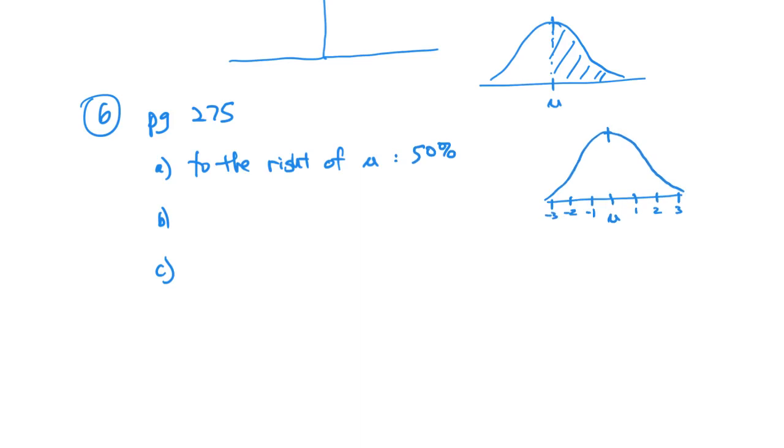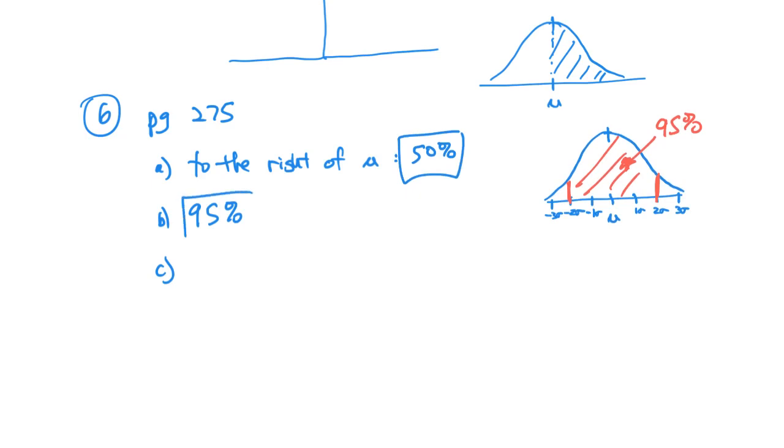So if they say between mu minus 2 sigma and mu plus 2 sigma, they're saying basically between here and here. And that one we know is 95% roughly. 95% is in there. So for part B, it would be 95%. So we've got 50%, 95%.